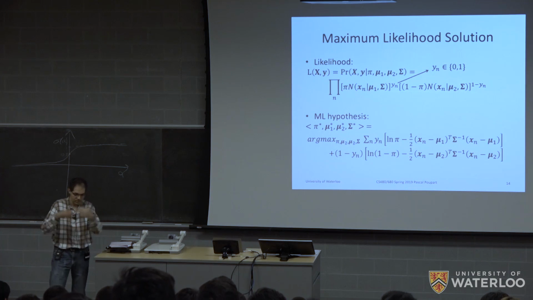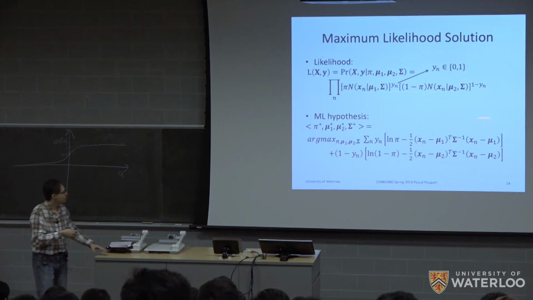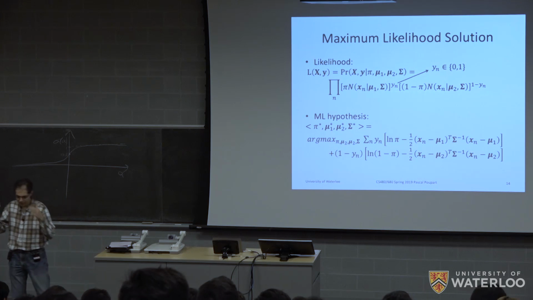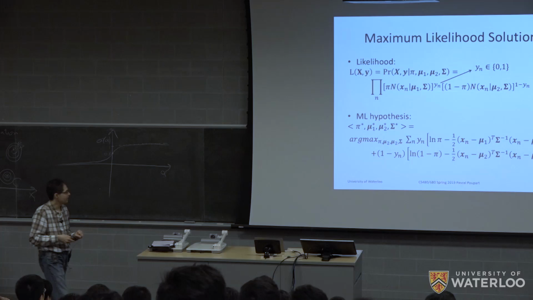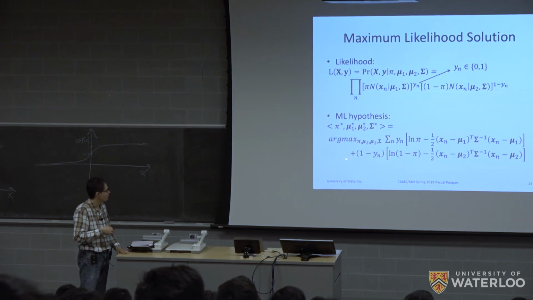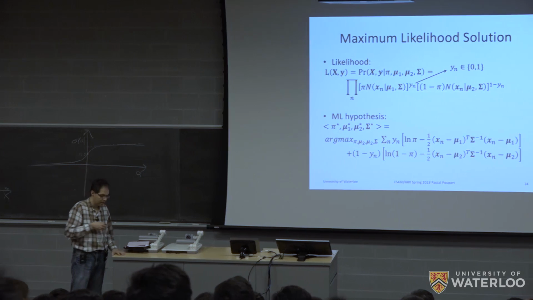And the Gaussian is an exponential, so the log will cancel with the exponential, and I'm just left with the exponent here. It turns out that taking the log can simplify a lot of things. And for the second part, we have the same trick: we're going to have 1 minus yn times the log of what is in the expression here. So that's our optimization problem.